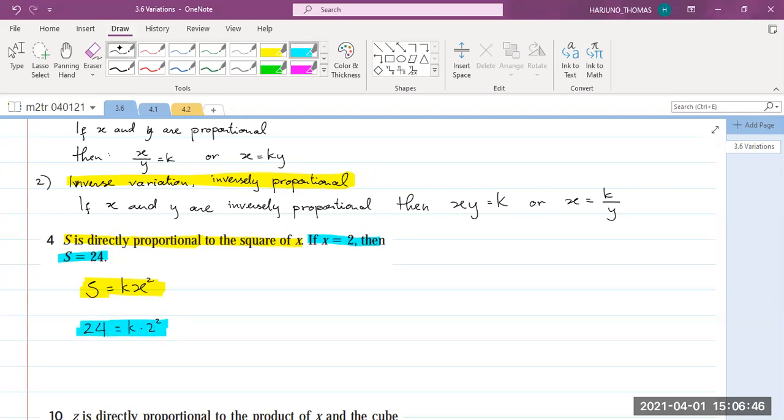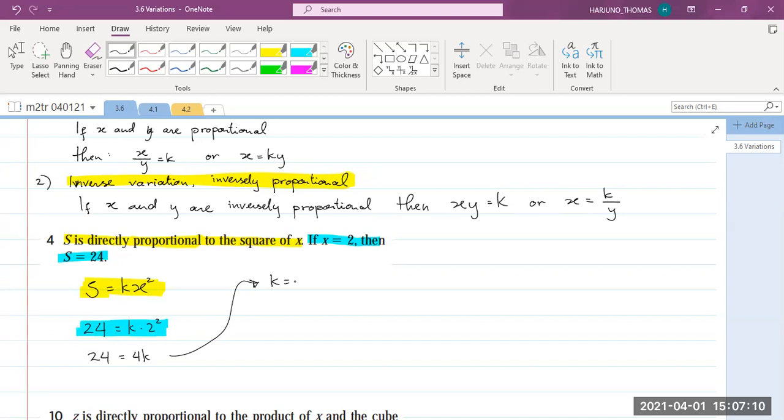Now from here, we will get the constant of variation. Our textbook calls that constant of variation, and plenty of textbooks call the K that. But K is actually more appropriately called the coefficient of variation instead of the constant of variation.